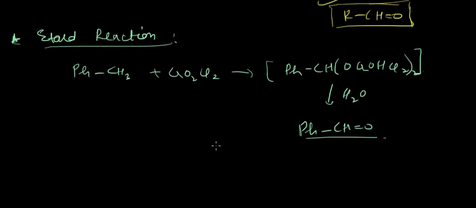The in-depth mechanism for this is out of syllabus. You can directly remember that this complex is formed as an intermediate which on reacting with water forms the aldehyde, benzene carbaldehyde.